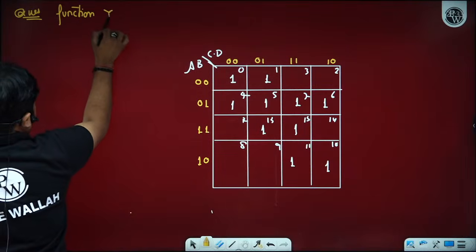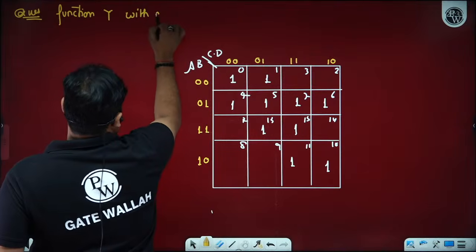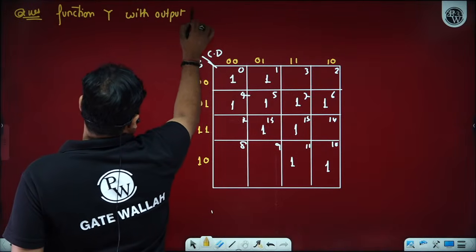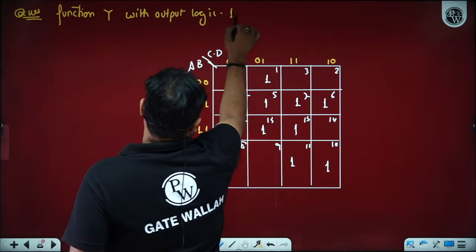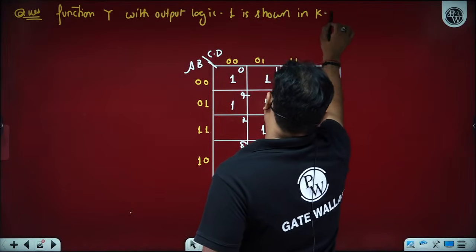The function Y with output logic 1 is shown in the K-map.